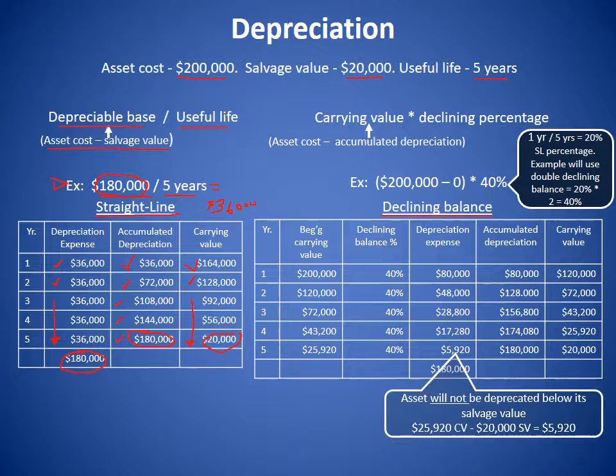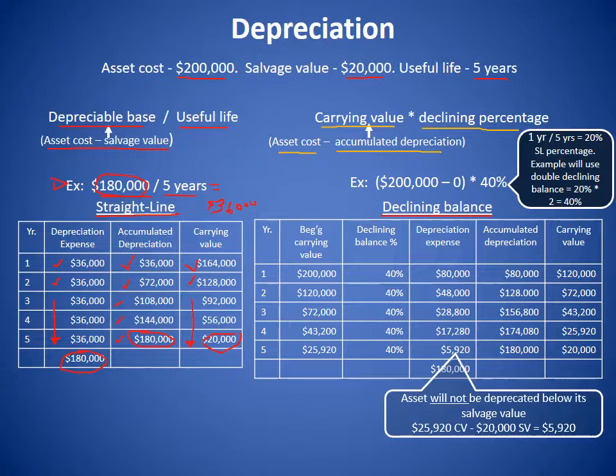Now again, the formula for declining balance is the carrying value minus the declining percentage. And again, carrying value is equal to my asset cost minus my accumulated depreciation. Now the question is what declining percentage do we pick?